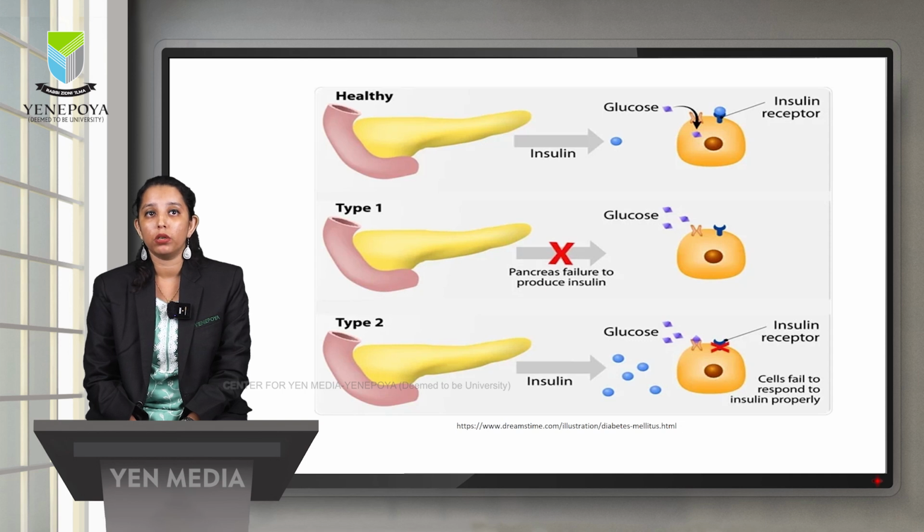Whereas in type 1, the pancreas is having a failure to produce insulin. Therefore what happens is glucose levels will be seen increased. In type 2, insulin is produced, it is there in the normal range, but the cells are insensitive to the insulin receptors. Therefore glucose level can be seen increased.